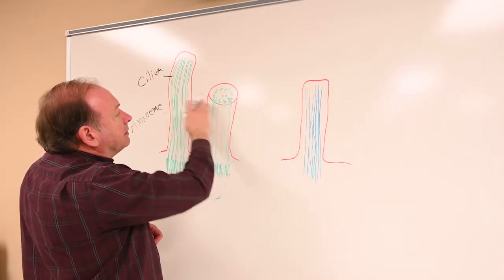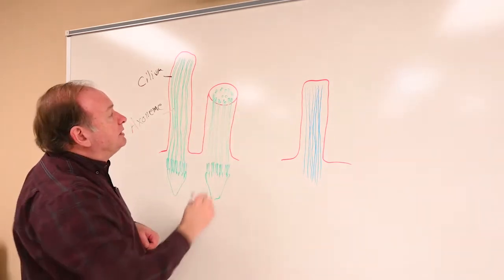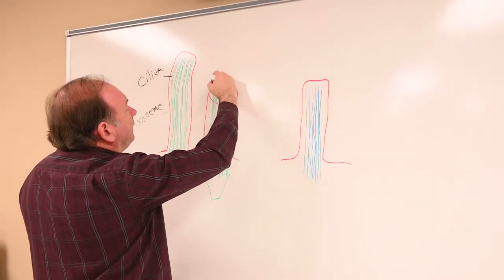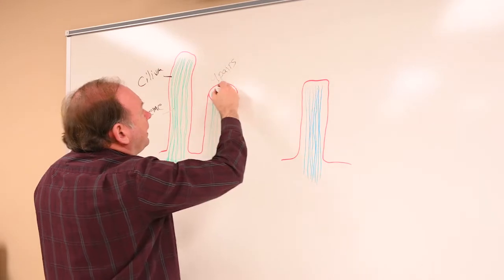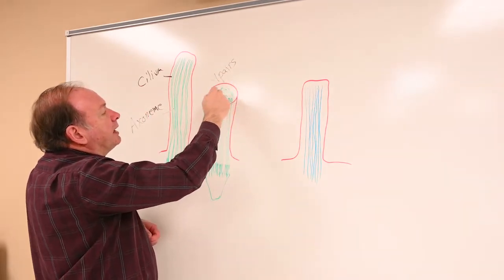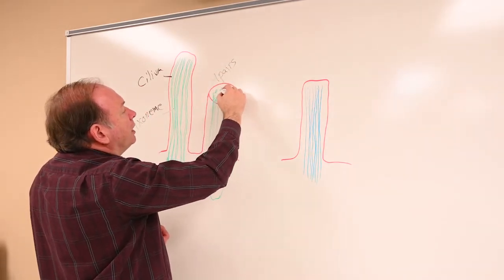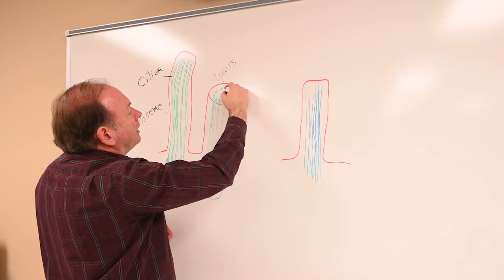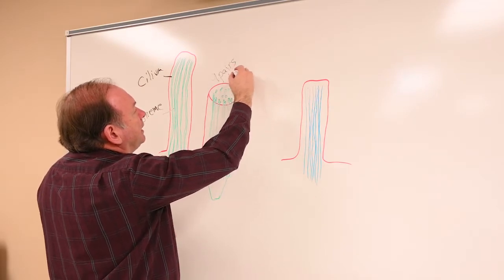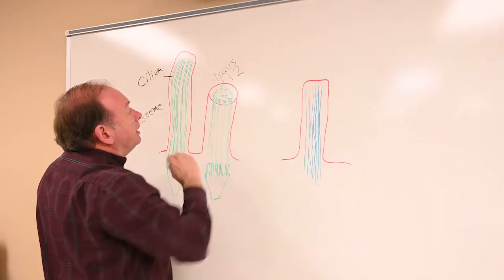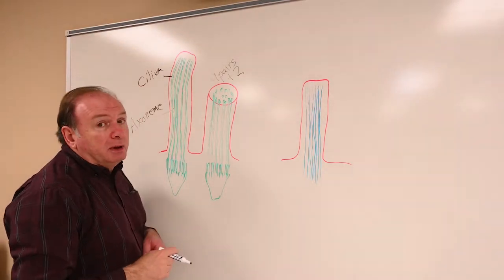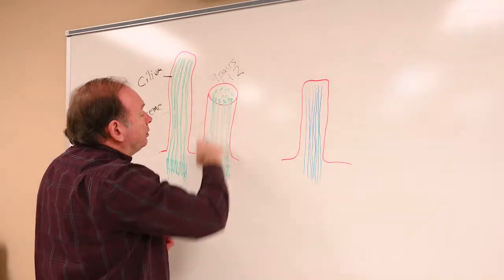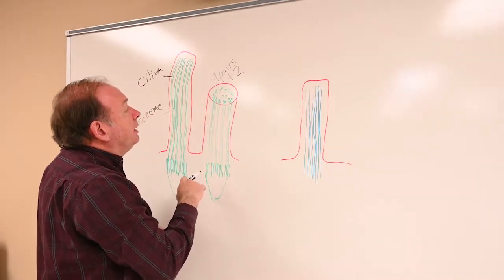Here I have the cilium cut in cross section, and there are 9 pairs found in a circle around the outside of 2 other microtubules on the inside. So this is called the 9+2 arrangement of microtubules within the axoneme here.